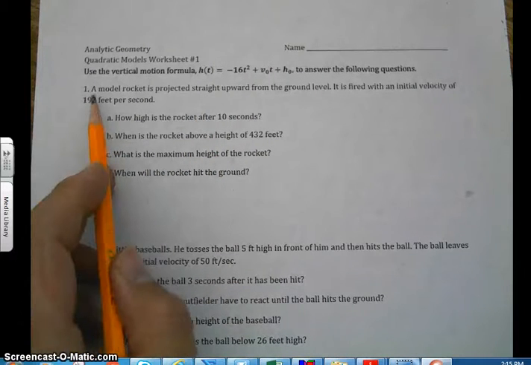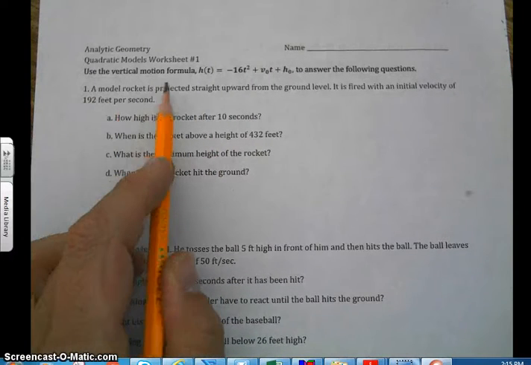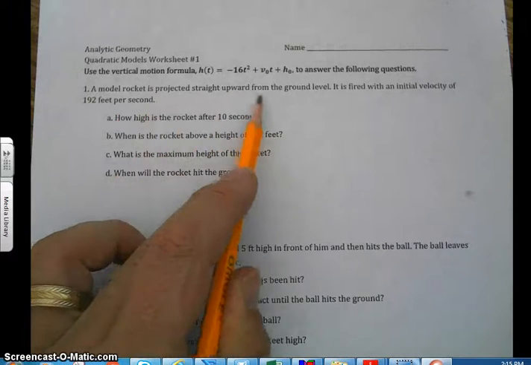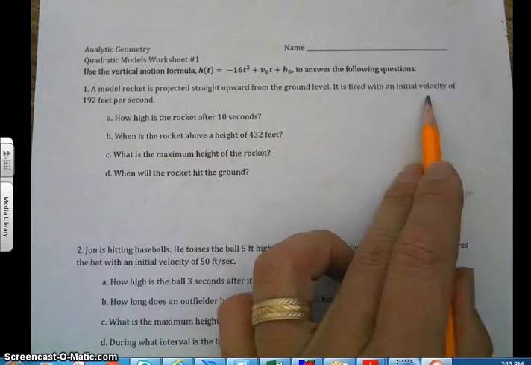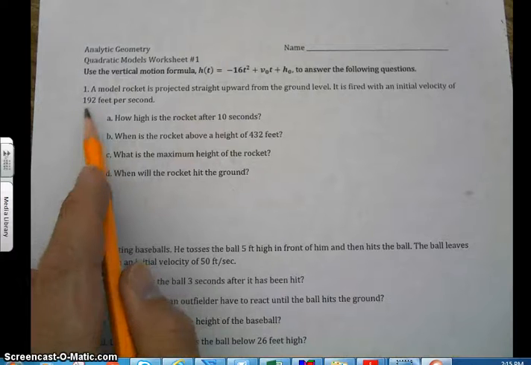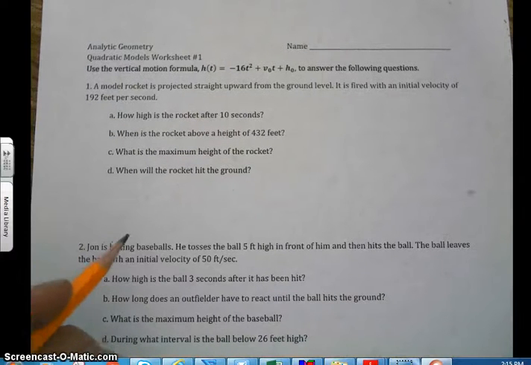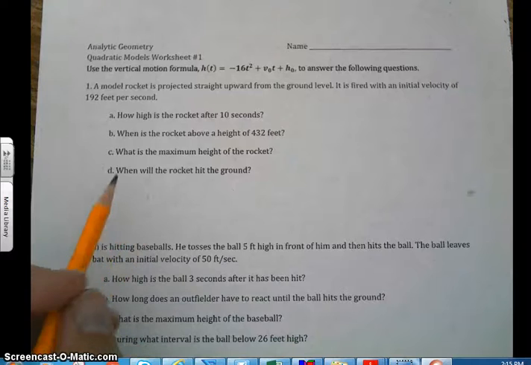So number one, it says a model rocket is projected straight upward from the ground level. It is fired with an initial velocity of 192 feet per second. So the first thing we want to do is plug in the information.